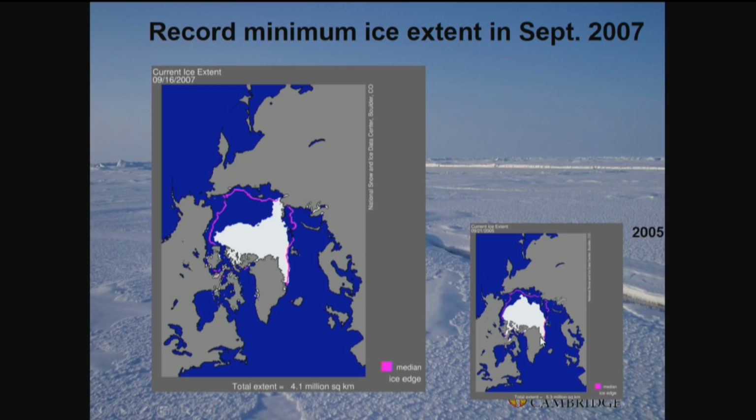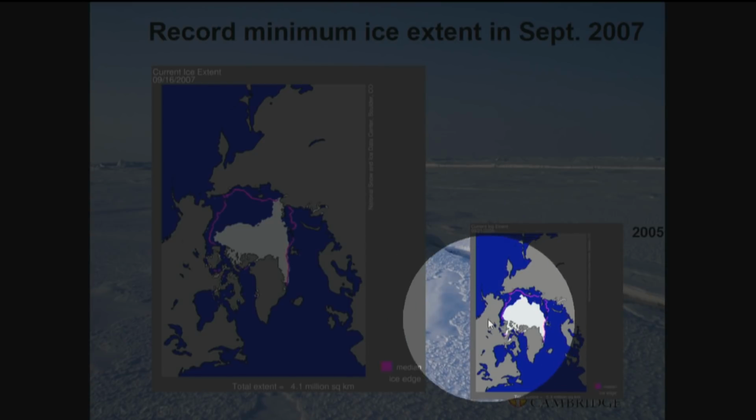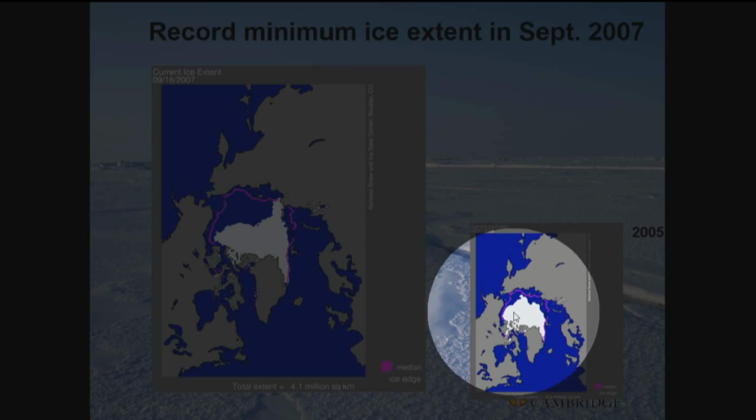So instead of having an Arctic Ocean that connected up Europe and North America and Asia with one great solid slab of ice, we have an Arctic Ocean which is a real ocean in summer. The pink line here is the average over the previous 30 years of where the ice edge lay in September.